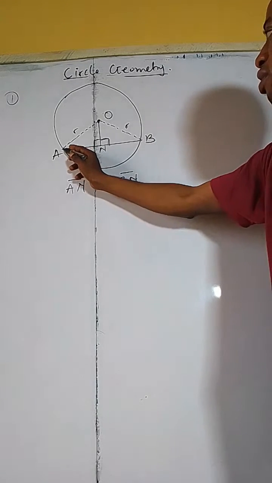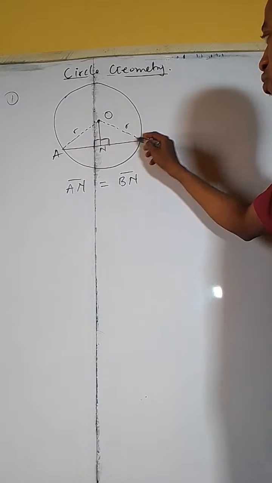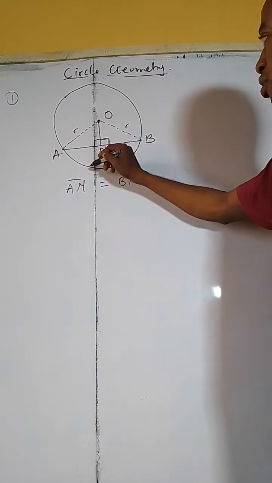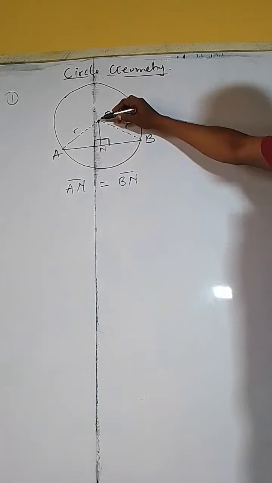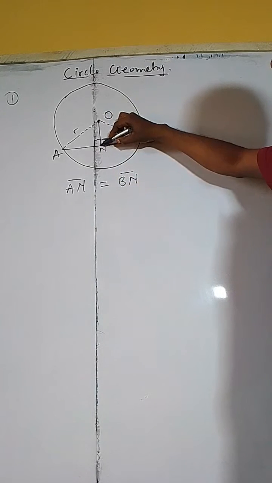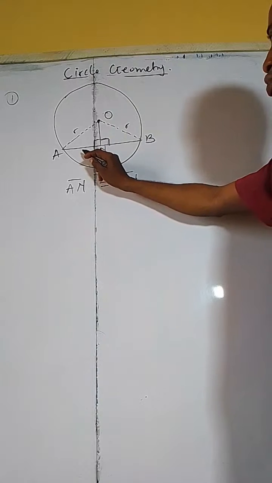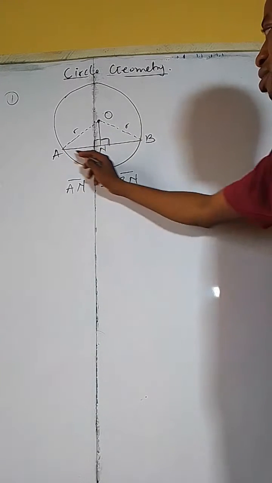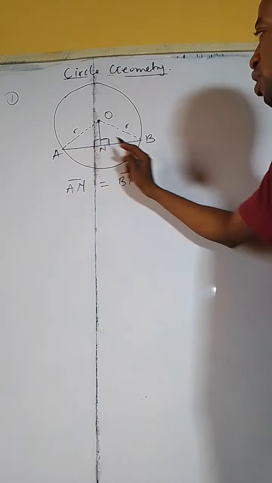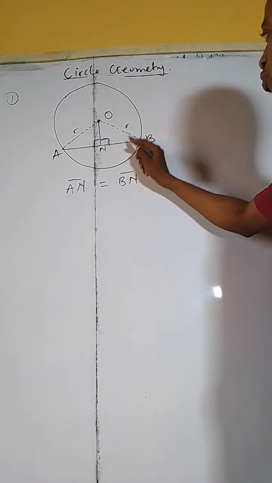Sometimes we'll be given the length of the chord, and if the length of the chord is given, then the radius is given. By this line, the length of the chord is divided into 2. So if the length of the chord, for instance, is 10, it means from A to N will now be 5, from B to N also will be 5.